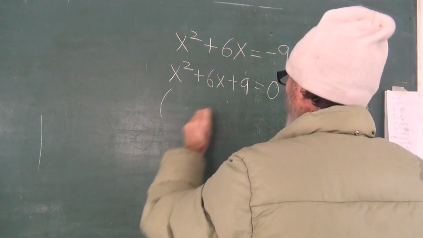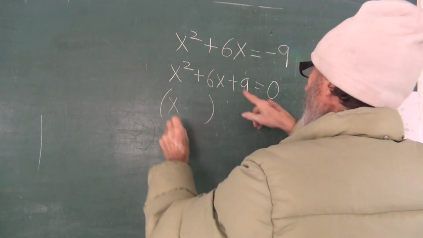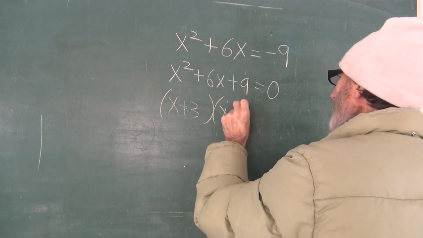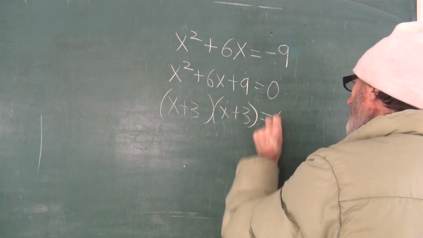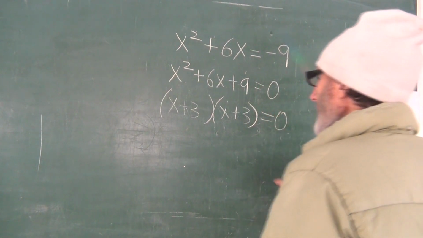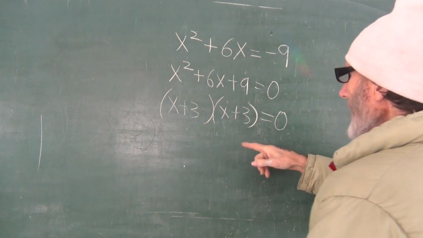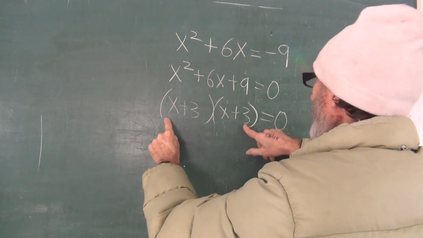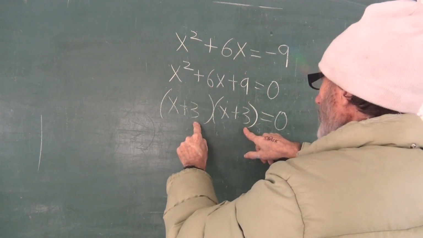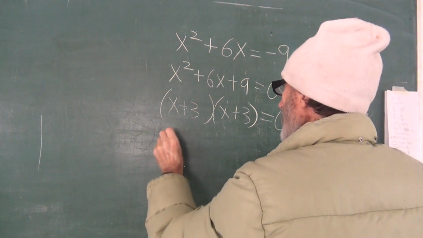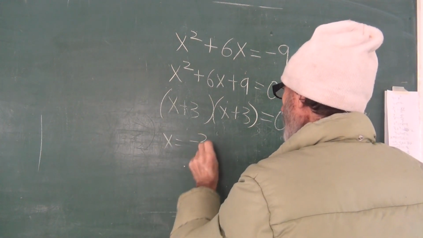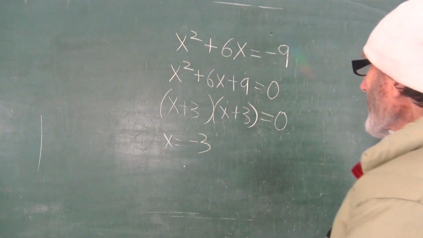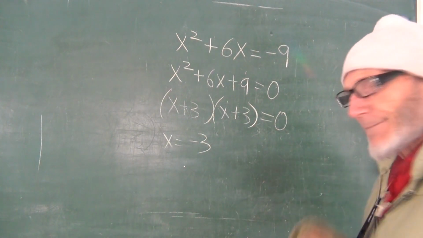Well, factor here: x plus 3 times x plus 3 equals 0. And then x plus 3 times x plus 3, well that would be x squared, and that would be 3x, and 3x more would be 6x, and 3 times 3 is 9. So that means x equals negative 3, or x equals negative 3 because they're both the same. Okay, got that? Good.